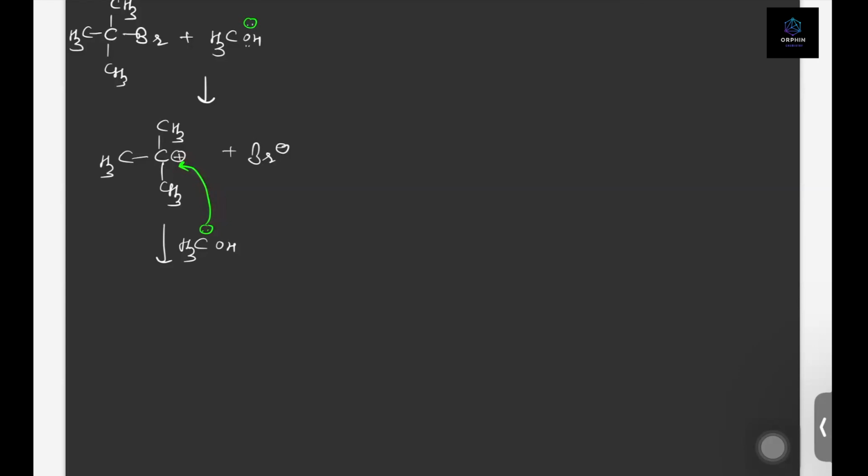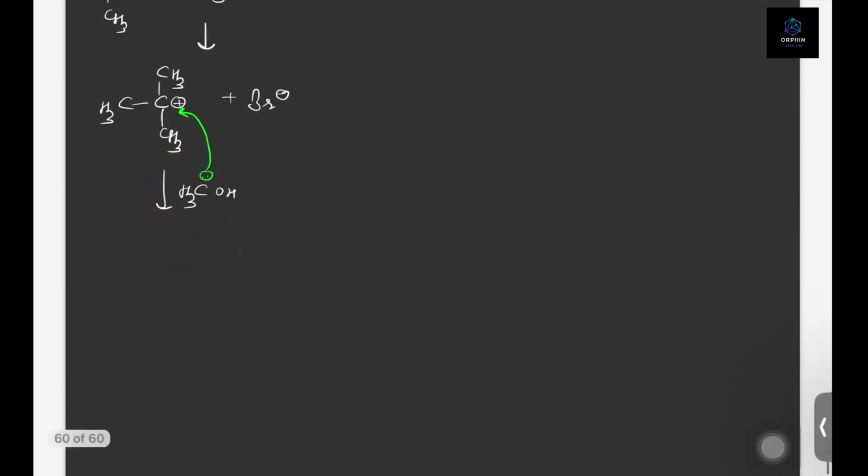Since the p orbital has two lobes, the nucleophile can attack from above and also from below. So finally we have CH3, CH3, CH3 and OCH3, because that was the nucleophile, and Br minus is removed.